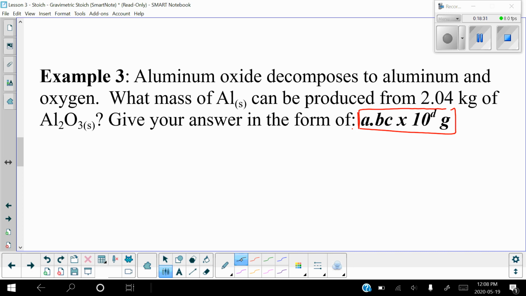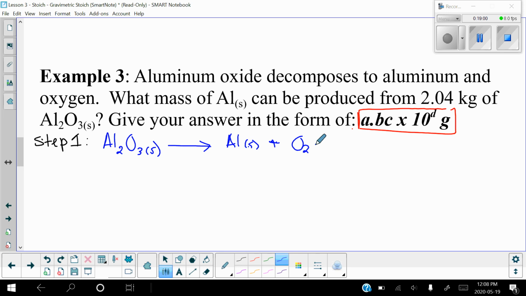Okay, first step, step 1, is a balanced reaction. So we're going to write this down. Aluminum oxide decomposes, so that's breaking down into aluminum and oxygen gas.